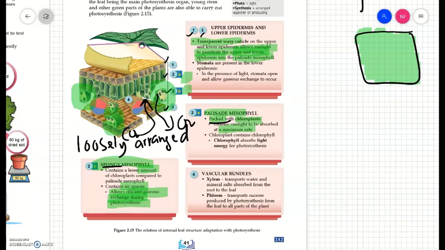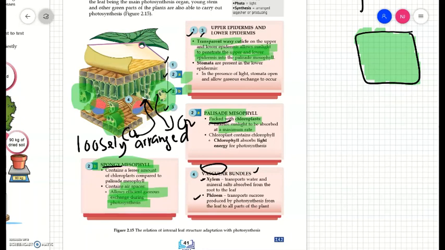And in the middle here, you can see number 4, ada red and blue here. That is a vascular bundle. Bundle ni, bundle lah segenggam macam tu. Vascular means transport for plants. Of course, vascular ni dia mesti about xylem and phloem.